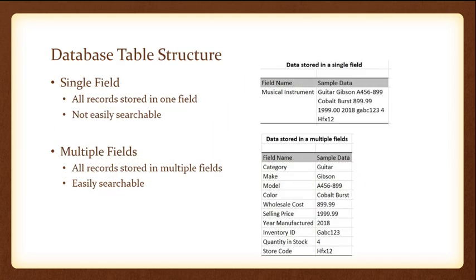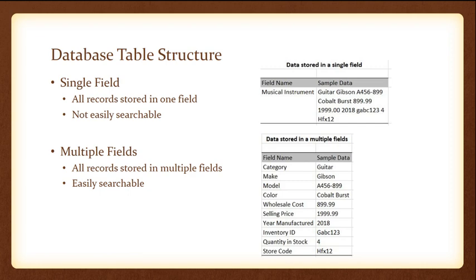Now, a database table structure can really be done in 2 different ways. You can have a single field table structure, or you can have a multiple field table structure. I put some examples on this slide over here. If it's a single field, all records are stored in one field, and it's not very easily searchable. If you look over on the right-hand side graphic, you see data stored in a single field.